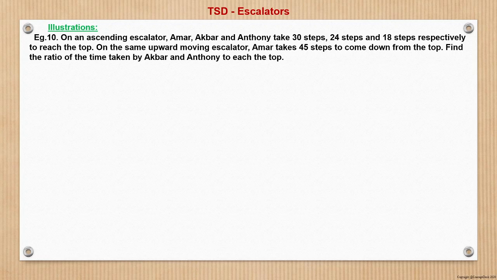Find the ratio of time taken by Akbar and Anthony to reach the top. So, good question. For Amar, it's both ways, going up and descending, both directions. The number of steps taken by him is given, right? So for Amar, let us first solve.